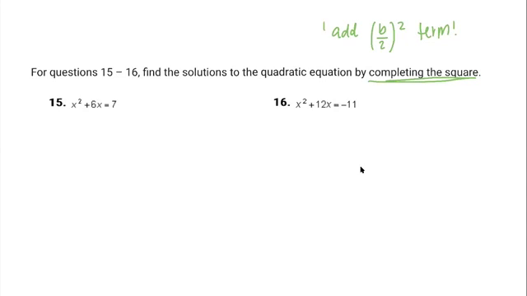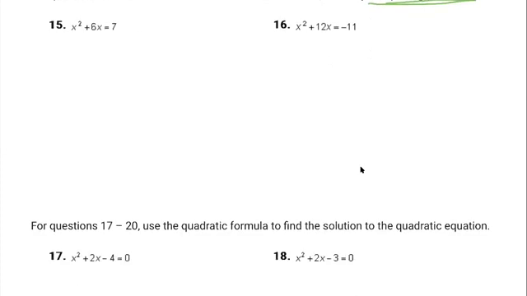Okay, so our steps are to add that term, then to factor, and then to solve. We add that term, we factor, and we solve.